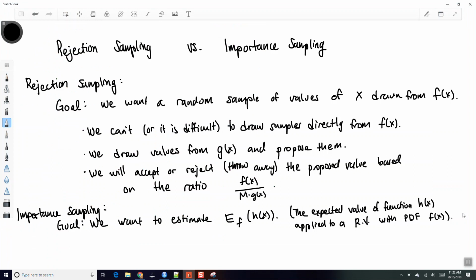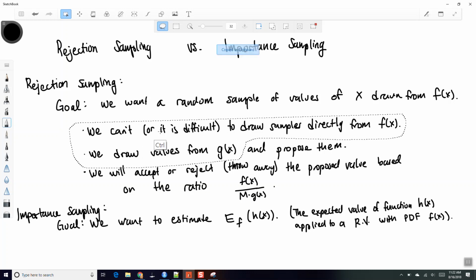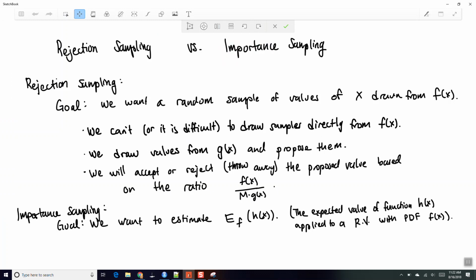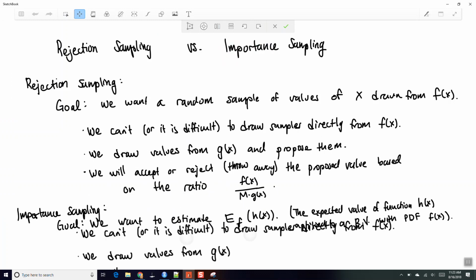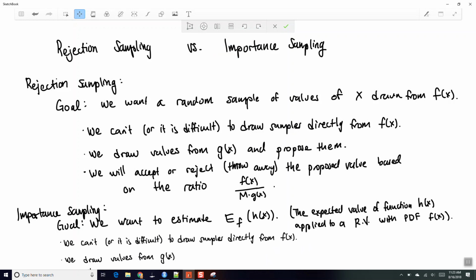The trouble is we can't draw samples directly from f of x. And instead, we draw values from g of x. So this part is the same. This is what I want, okay?